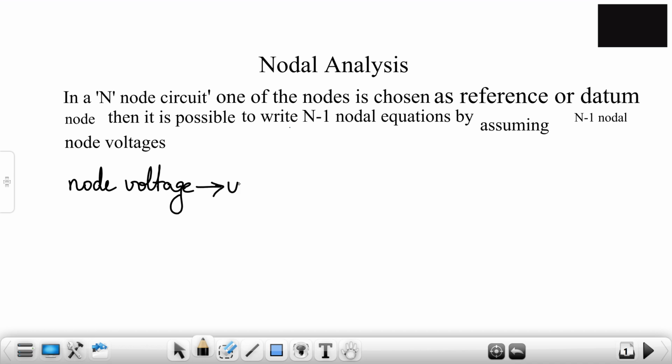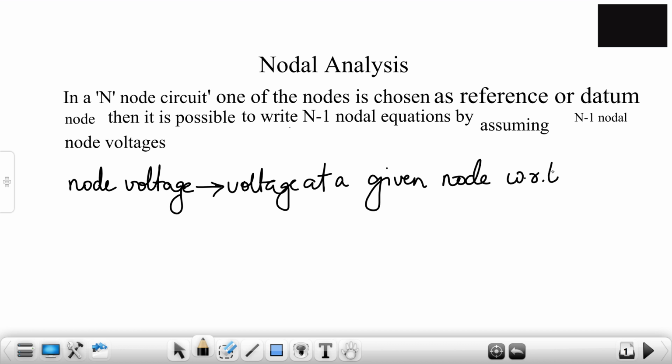is the voltage at a given node with respect to one particular node called the reference node.